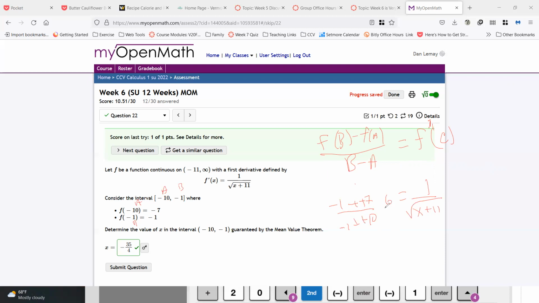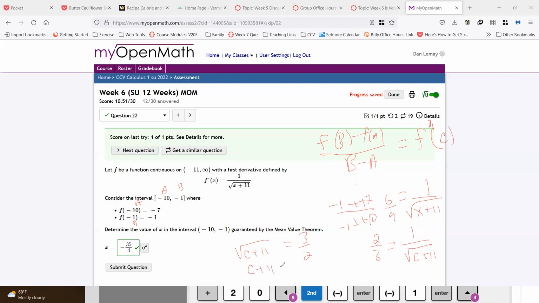That gives me 6 over 9, which simplifies to 2 over 3. That equals 1 over the square root of c plus 11. I guess I should have a c rather than x, but it doesn't really matter. It's a variable. So I'm going to cross multiply and divide, so I come down to the square root of c plus 11 has to equal 3 over 2. And then I'm going to square both sides.